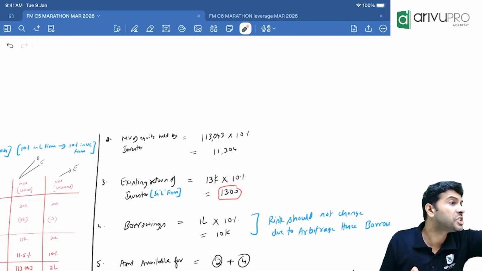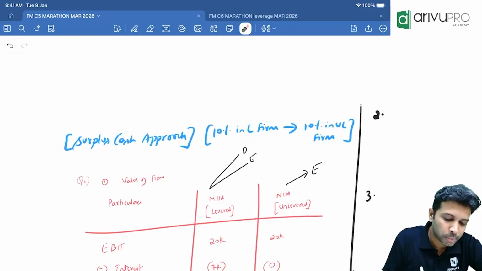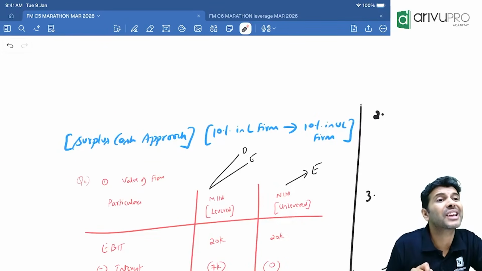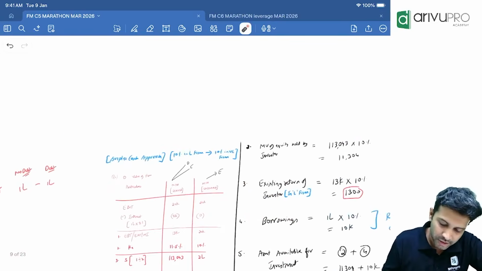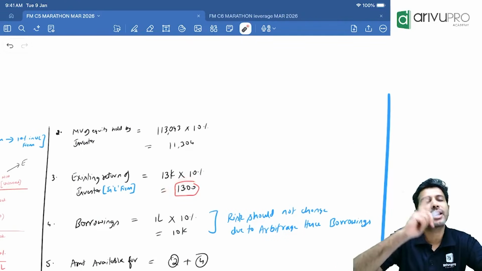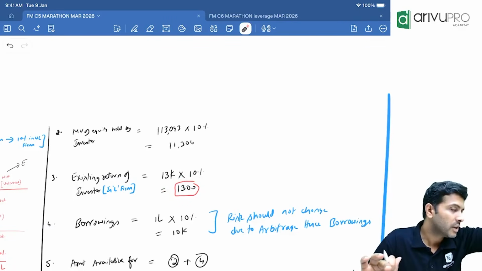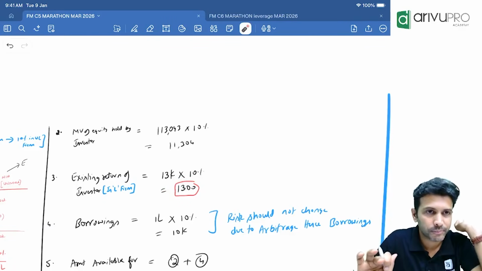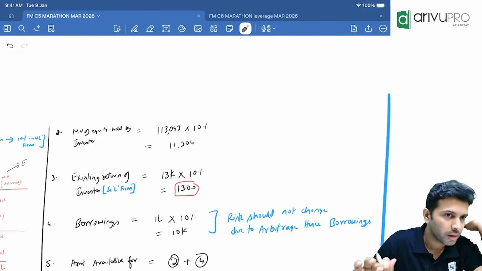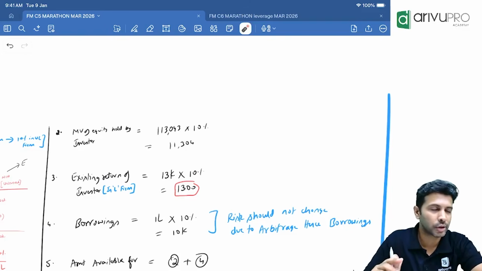There will not be any change in your earnings, because you are not using the surplus earnings approach, you are doing the surplus cash approach. That means if your existing return is 1,300, even after shifting, your return should be 1,300 only. That's your checkpoint. If you don't get it, you have done something wrong. There only you have the answer. Fine, now I'll prove it to you. Anyway, we can review that.